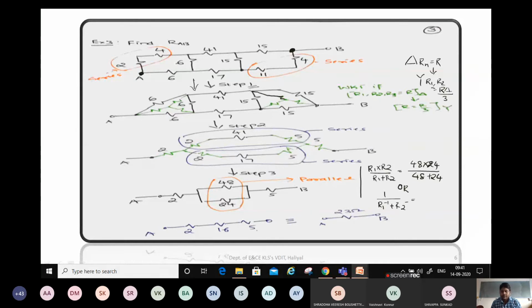Both are the same. So in the calculator you can just type 48 inverse plus 24 inverse, then the whole answer inverse. If you do this, you will get back the actual value. Okay. So similarly, the equivalent value comes out to be 16 here, and the total value of RAB will be 23.